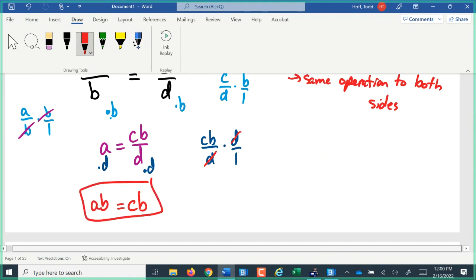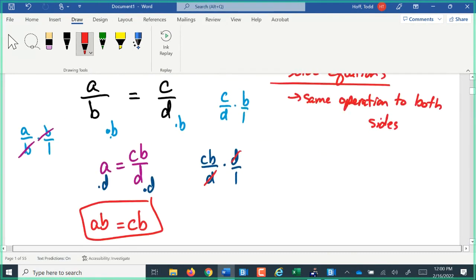If we look back to our original proportion here, we see that relationship: ad is just this diagonal, and cb is just this diagonal, b times c.